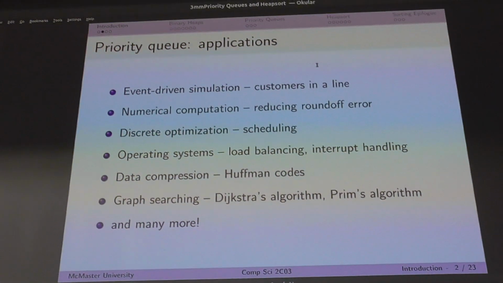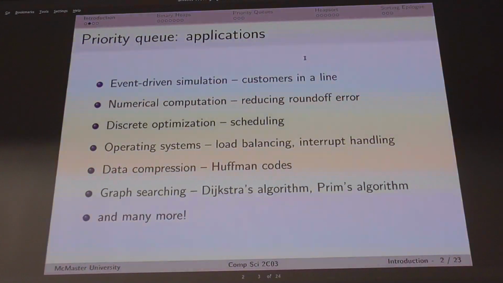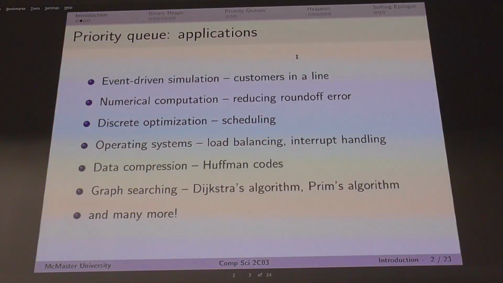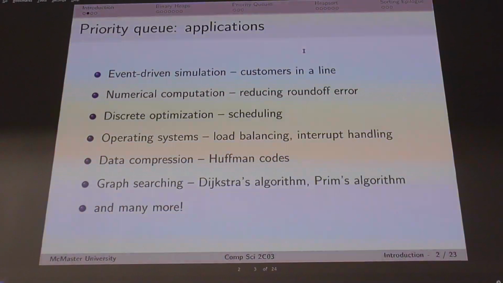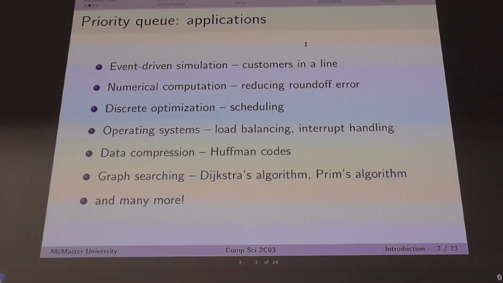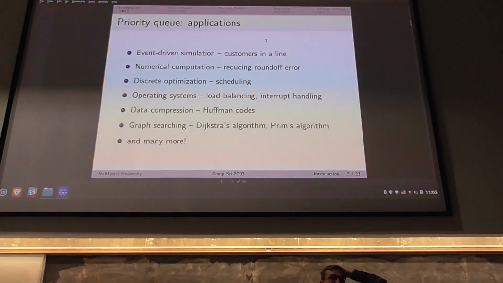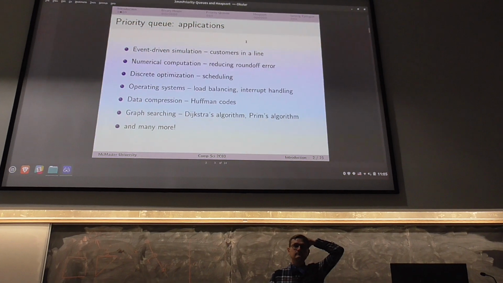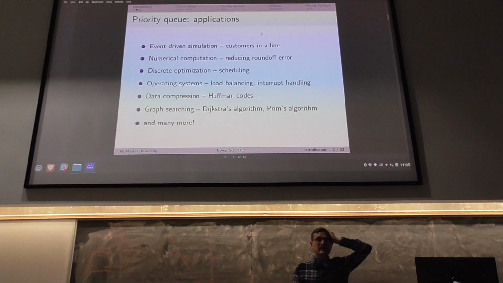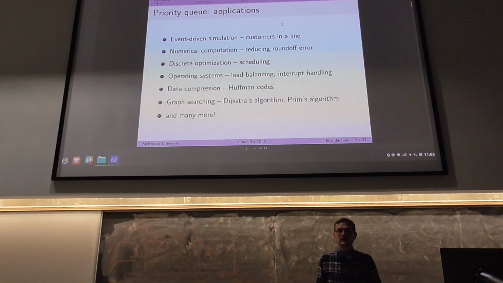Applications of priority queues. Event-driven simulations, customers in a line, numerical computations, reducing round-off error, discrete optimization, scheduling, like, for example, when you have tasks being executed by a CPU, it's important to know which one of those tasks should be executed to maintain your computer's obligations to its programs, right?